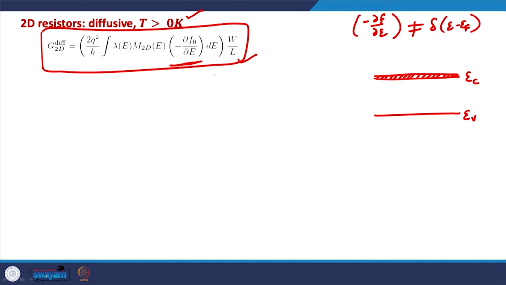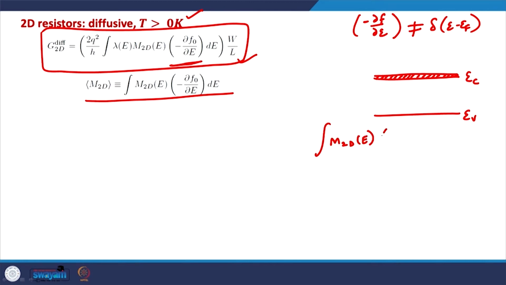So, at T greater than 0 Kelvin temperatures, at room temperature also, we begin with this expression, and now we make this replacement. Let us say that we write this term m2d E minus del f by del E. This we can write down as the average of m2d over all energy values. And the reason we can do that is because this integral, minus del f by del E, the area under the Fermi window, is 1.